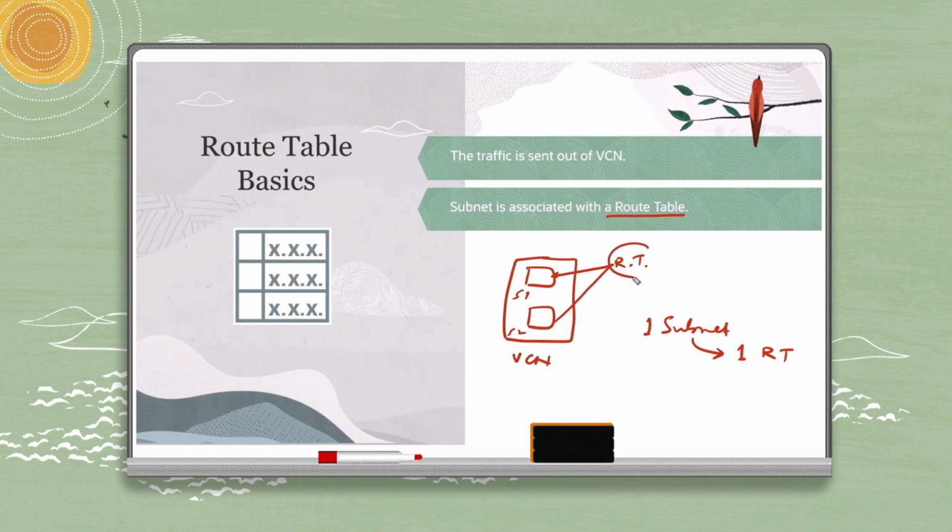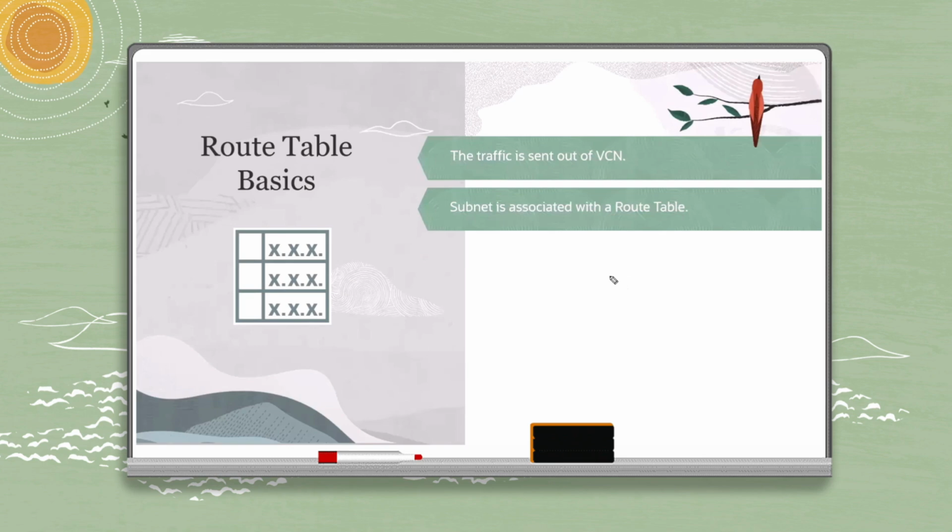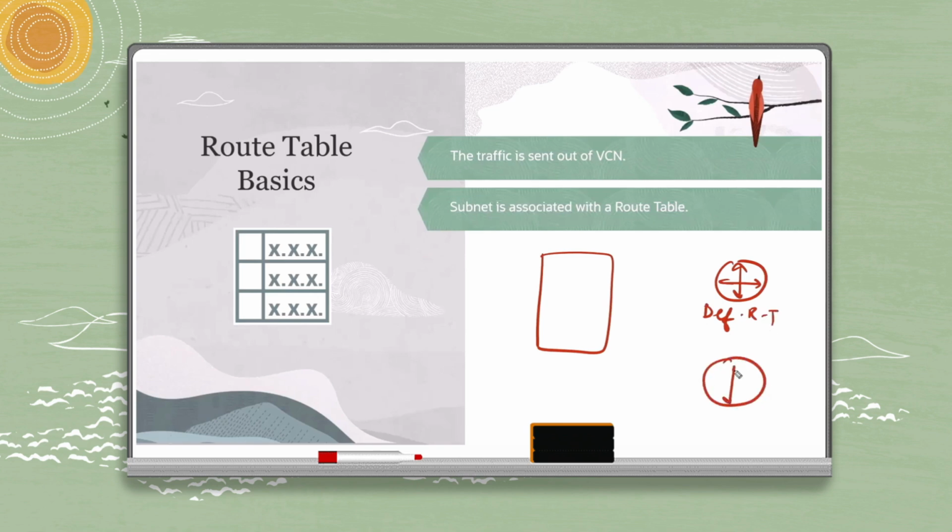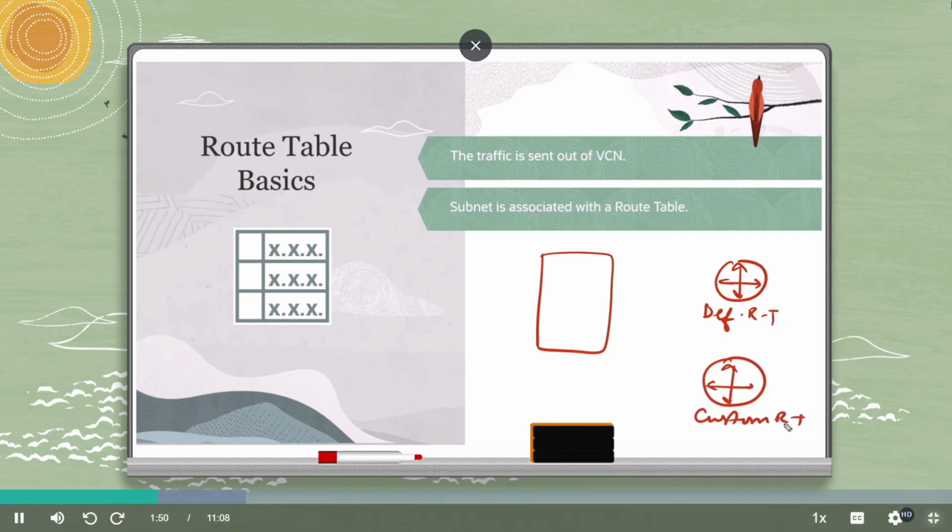For example, we have the default route table. If there are 3 subnets, it can be associated with 3 subnets. But let's say you have 2 route tables. This one is the default route table, and this one is the custom route table.